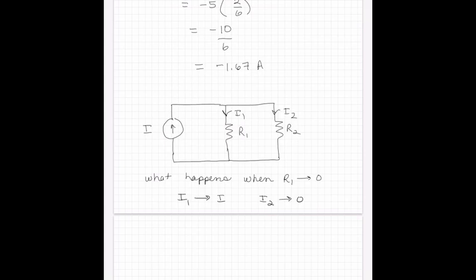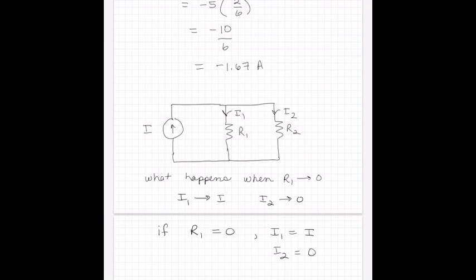Now, if R1 does equal 0, so if it gets so small that it actually becomes 0, then I1 will equal I, and I2 will equal 0, regardless of what R2 is. It doesn't matter if it's 1 ohm or 100 ohms.